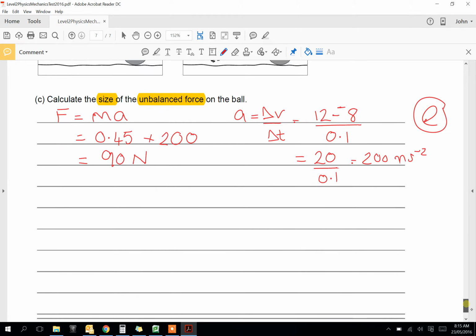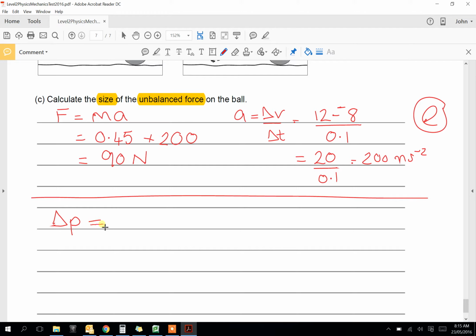Now, some of you might have done it by an alternative method. Okay, and you might have remembered that change in momentum, impulse, is force times time. So force equals change in momentum over time.